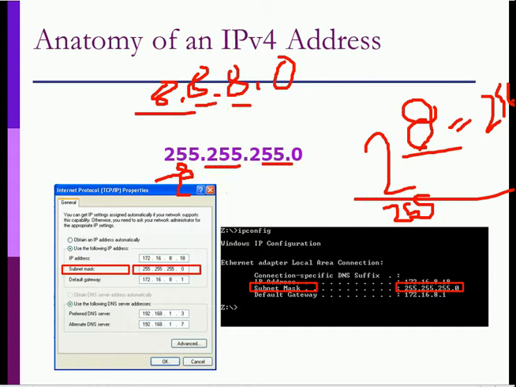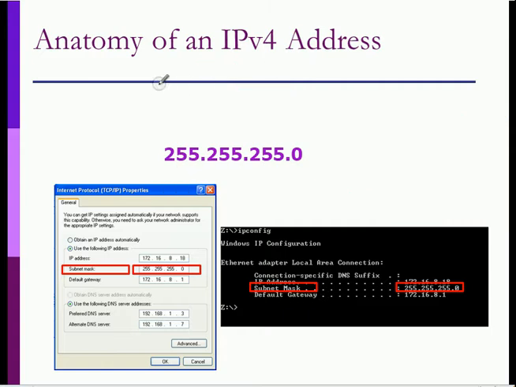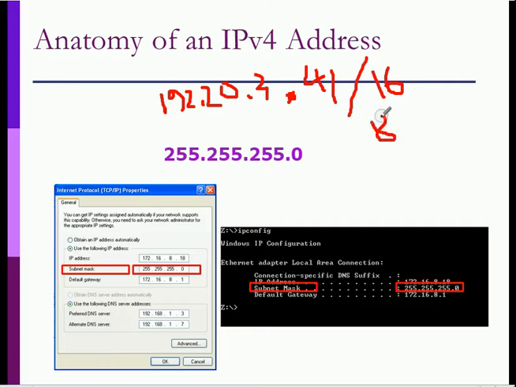Now if I give you an address like this, something 192.23.41, and I give you the CIDR of 16, then you have 8 into 2. That means only this part and this part.